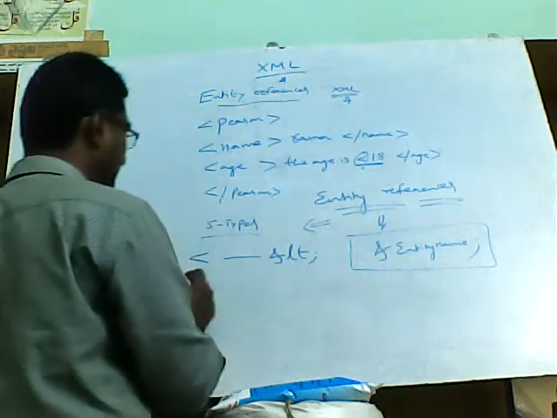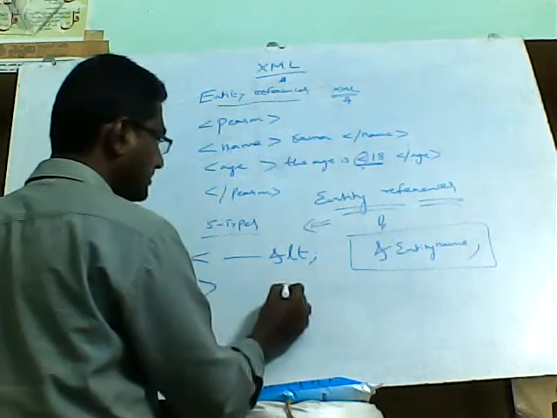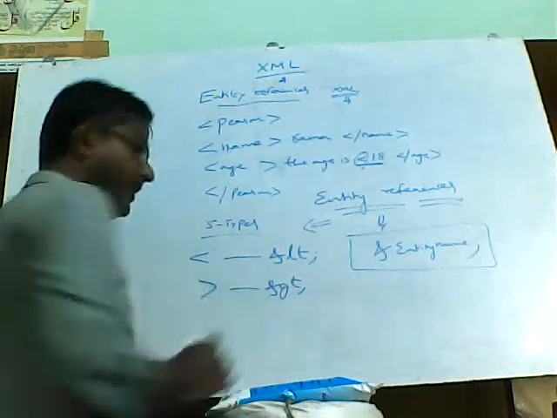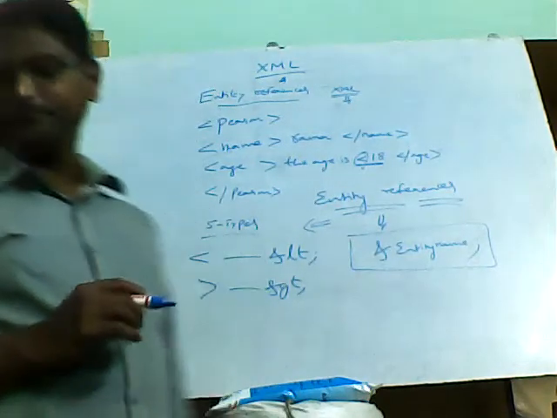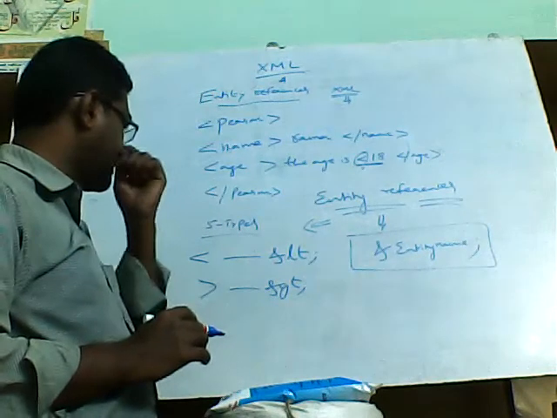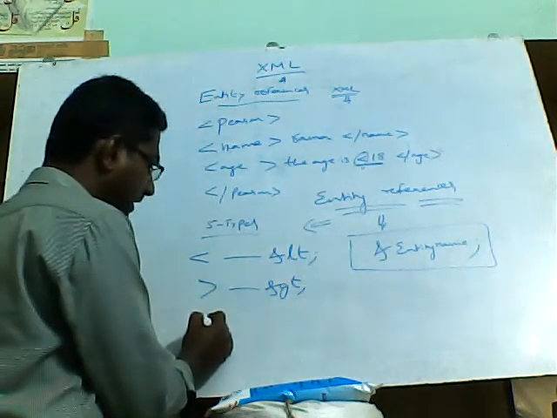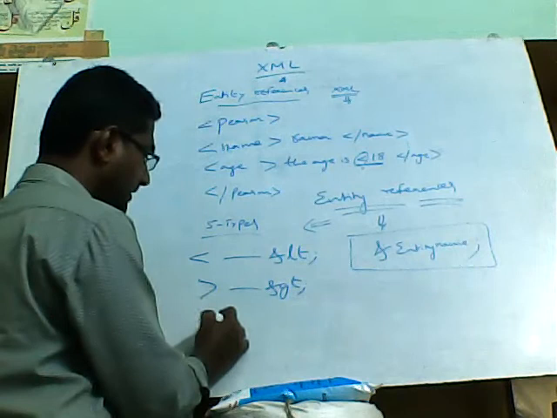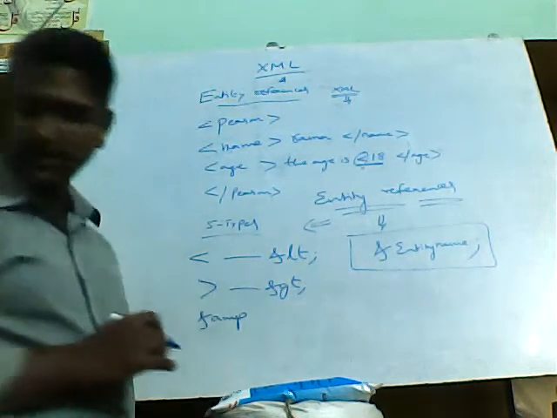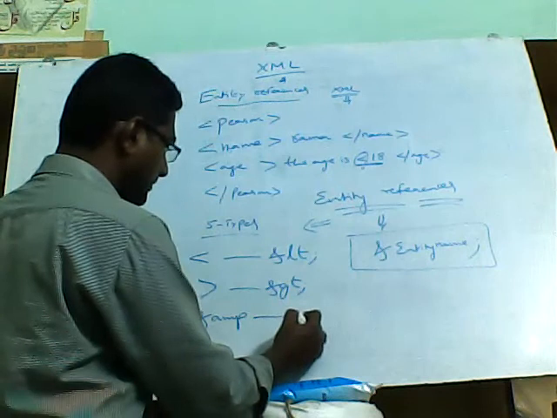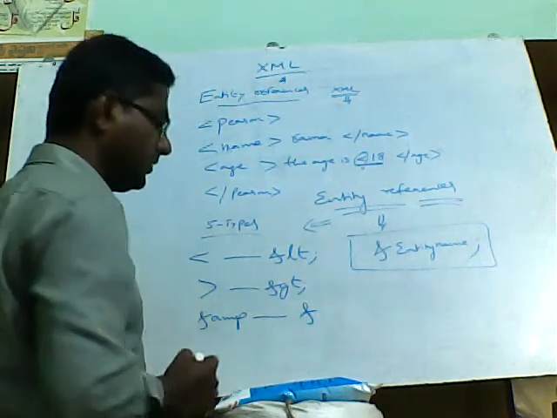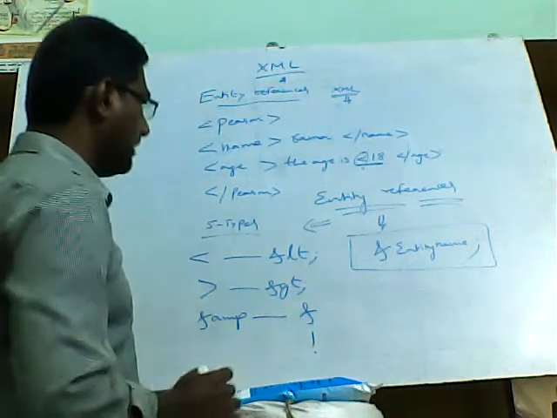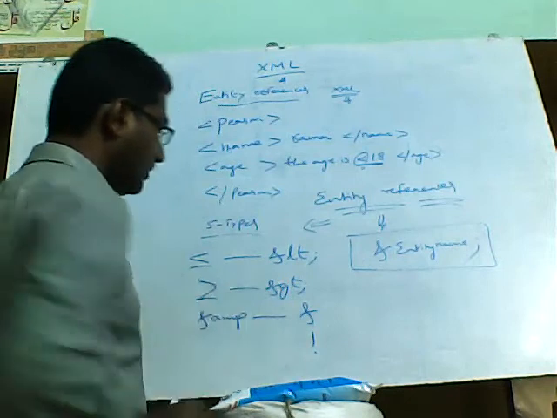Like this we have different entity references: less than, greater than, and if you want to use some more symbols, ampersand for the ampersand symbol, and for apostrophes. Mostly only less than and greater than are used.